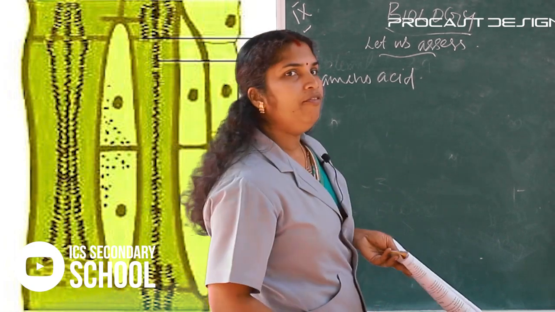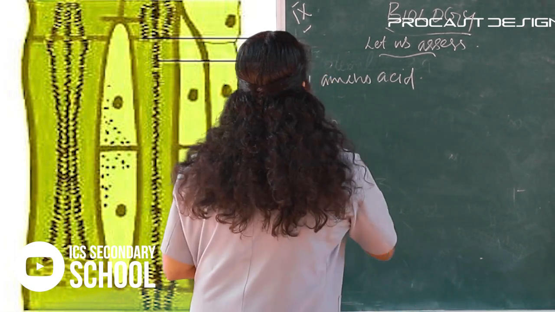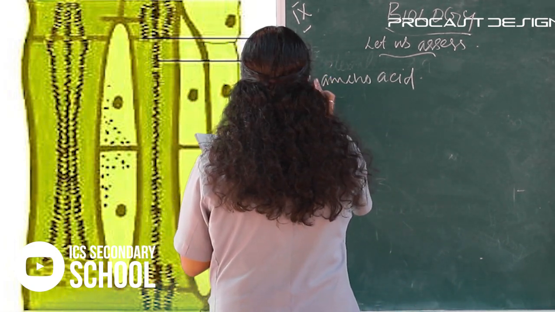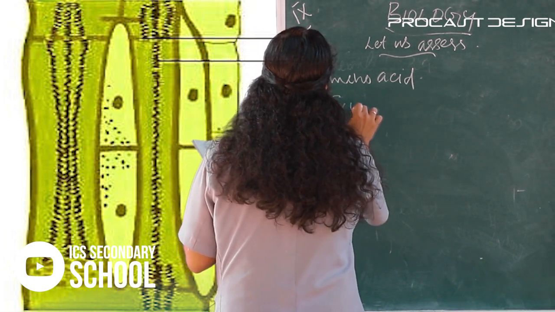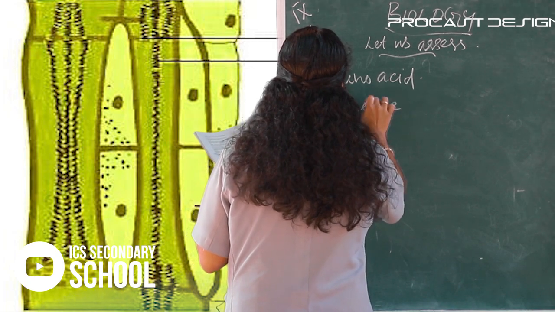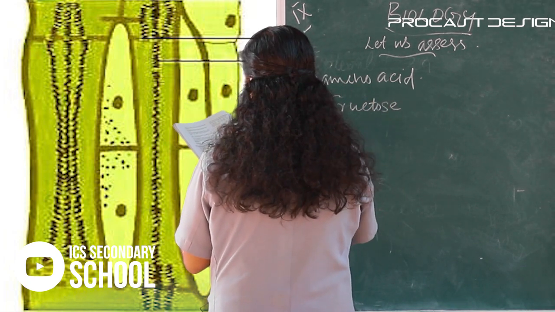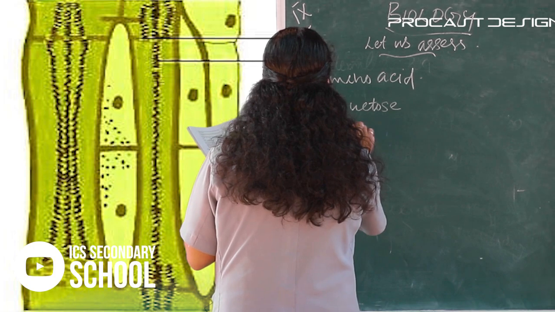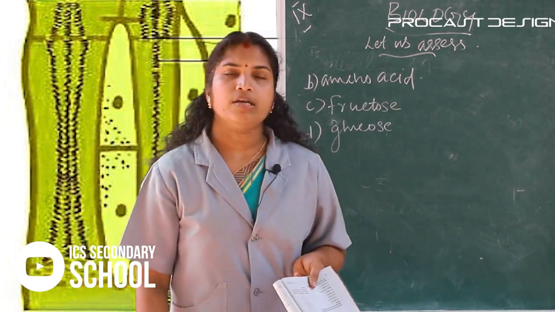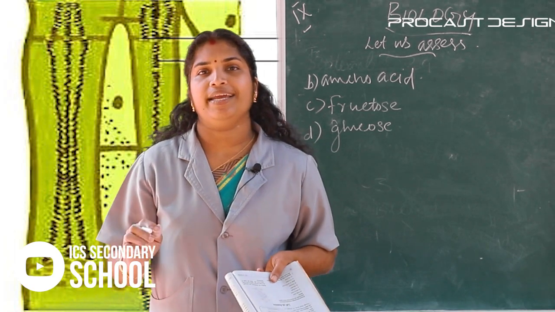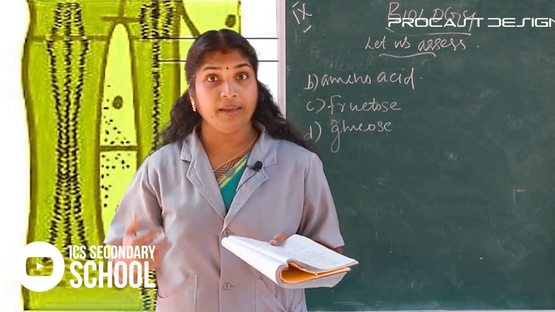fructose and glucose. Amino acid, fructose and glucose are the simple nutrients absorbed into the blood.